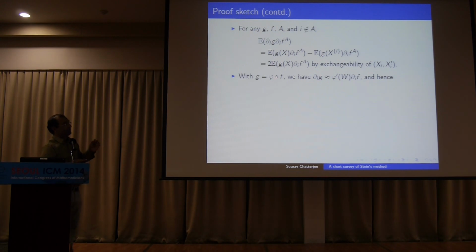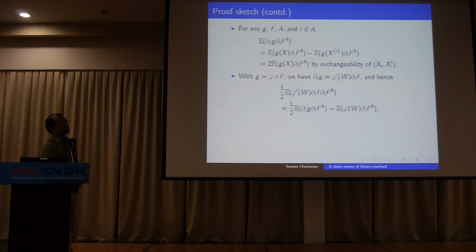So now if g is some function phi composed with f, or some smooth function phi, we get by chain rule del i g is approximately phi prime of W times del i f. So approximately because these are discrete derivatives. And so if you start with phi prime of W times del i f^A, you first from this step you get this. And then using this, you have 2 derivatives, you somehow remove 1 derivative, you just land up with 1. Okay?